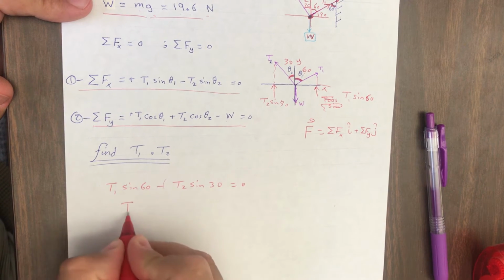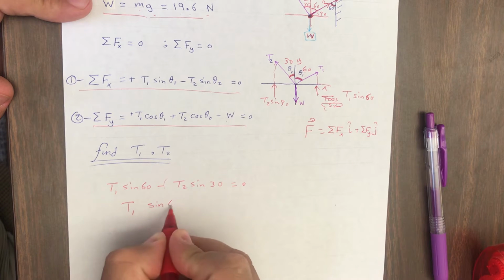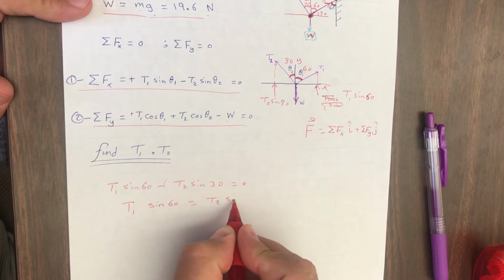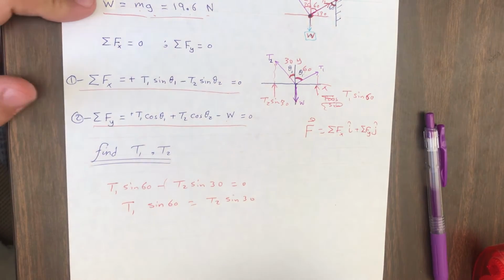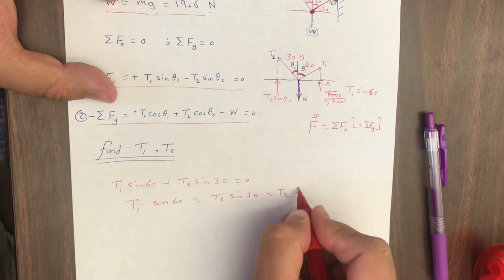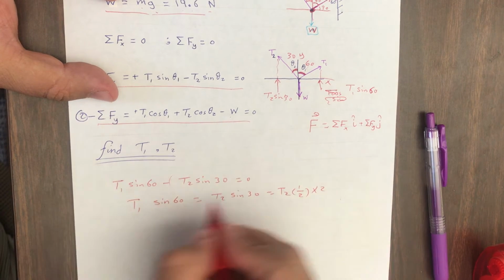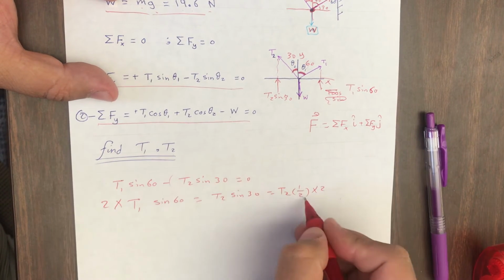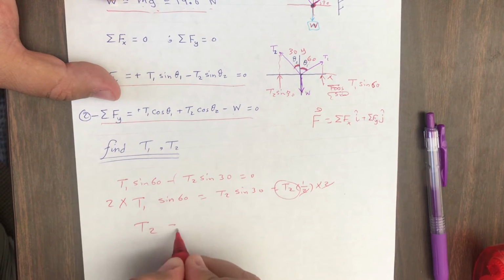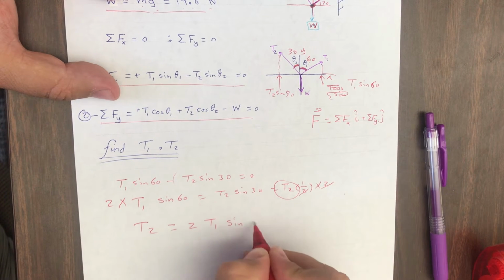Then it will be T1 sine 60, this is just a number, equal to T2 sine 30, which is a half. This is T2 multiplied by a half. Just multiply both sides by 2, 2 will cancel with 2. Then T2 is equal to 2 T1 sine 60.